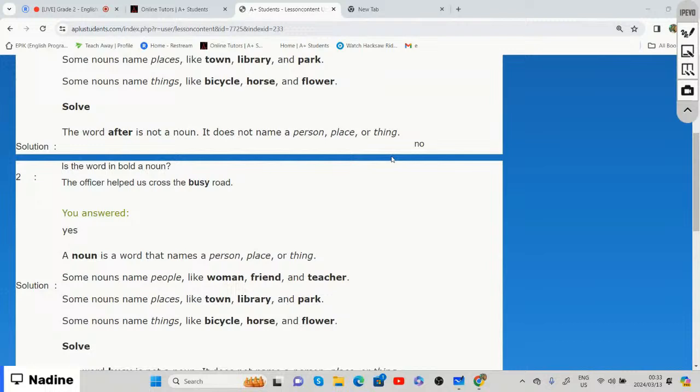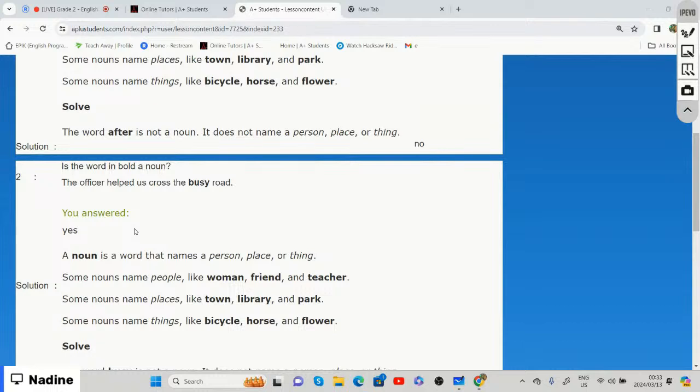Now we need to say if the word in bold is a noun. It says the officer helped us cross the busy road.